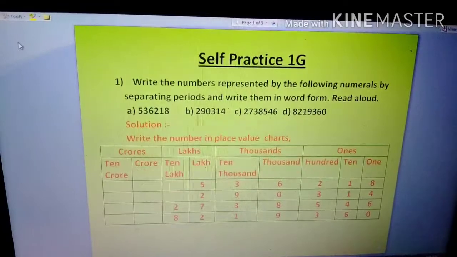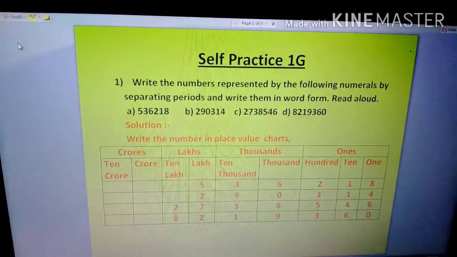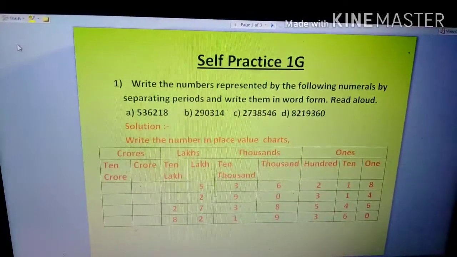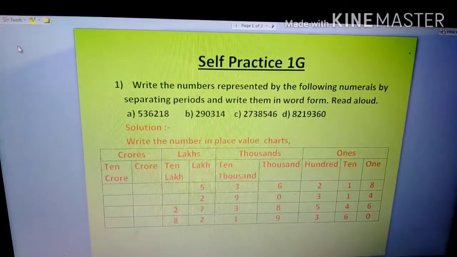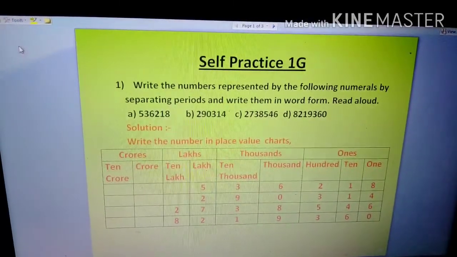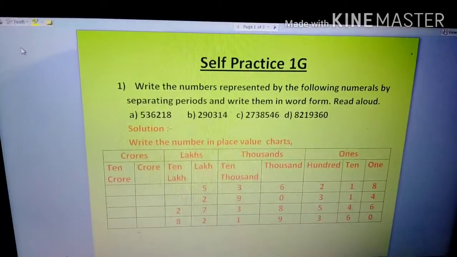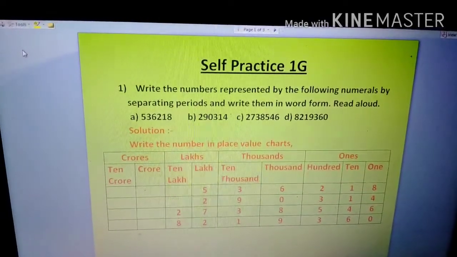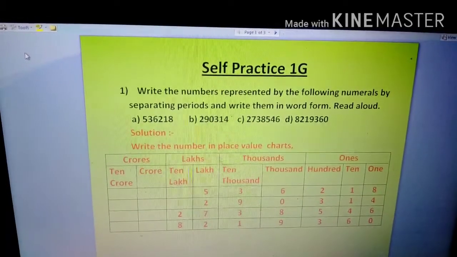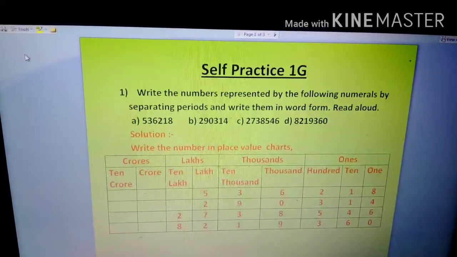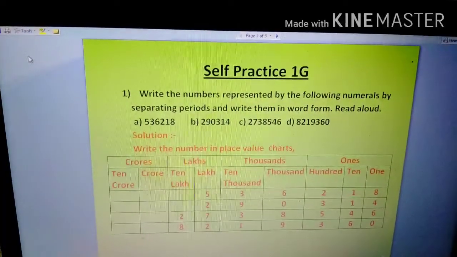That means in one place we put 8, in 10 place we put 1, in 100 place we put 2, in 1000 place we put 6, in 10,000 place we put 3 and the last digit in lakh place. In the same way, we put down all the numbers in the place value chart.